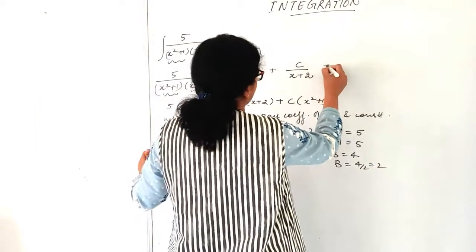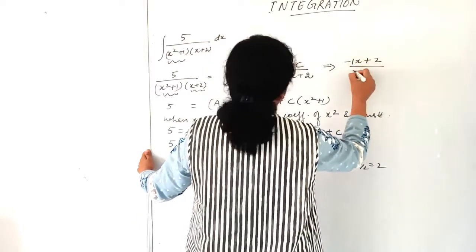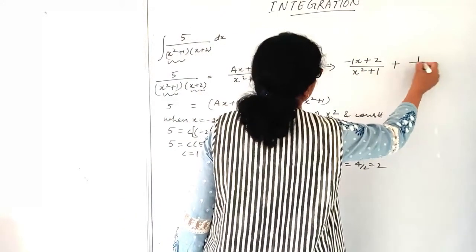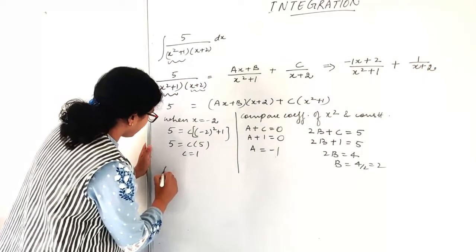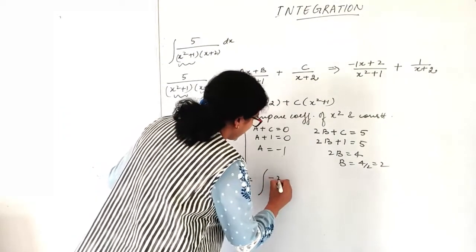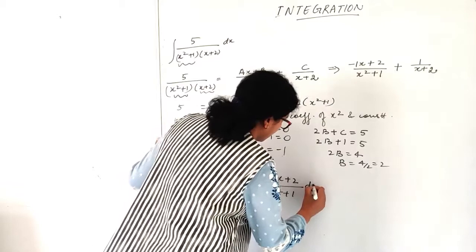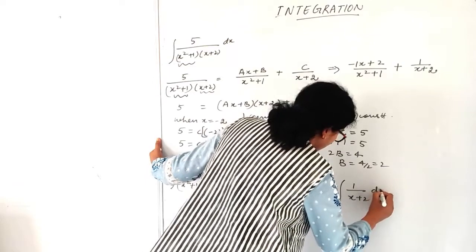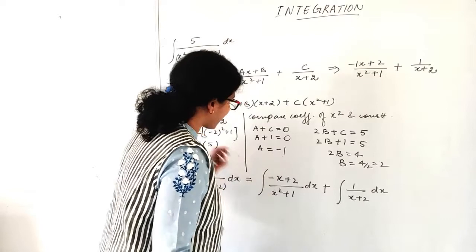Now I can rewrite my integrand. So how will it become? It will become (minus 1 times x plus 2) upon (x square plus 1), plus the value of c is 1, upon (x plus 2). So I can write my integral as integration of (minus x plus 2) upon (x square plus 1) dx, plus integration of 1 upon (x plus 2) dx, right? This I can directly write as log, and in this one I will separate them.